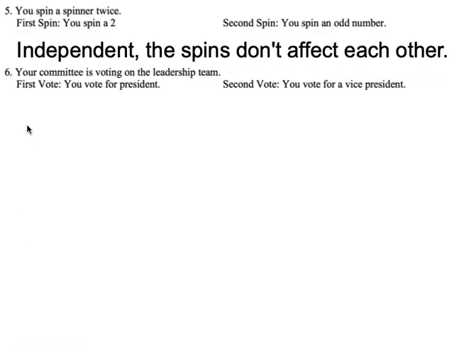Okay. 6. Your committee is voting for a leadership team. First vote, you vote for president. Second vote, you vote for vice president. All right, I want you to think about this one. Does the person who's picked for president affect who gets picked for vice president? Now let's consider this.